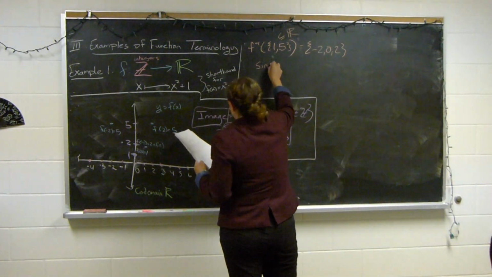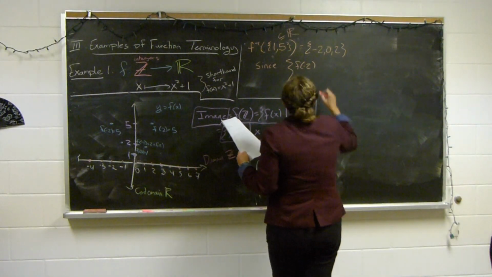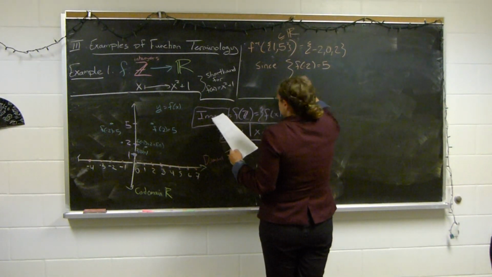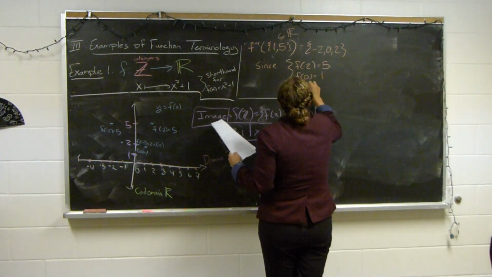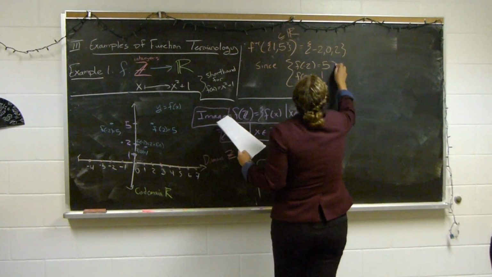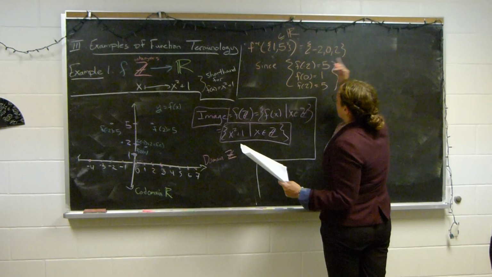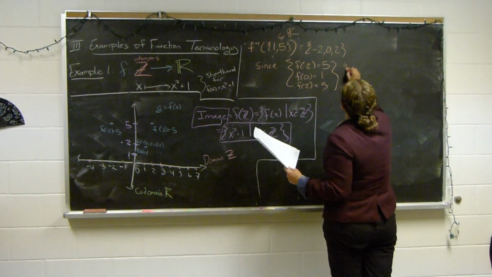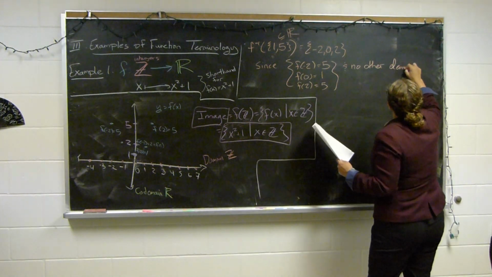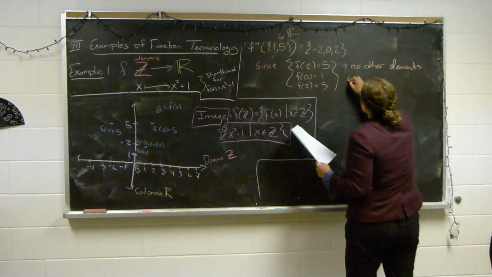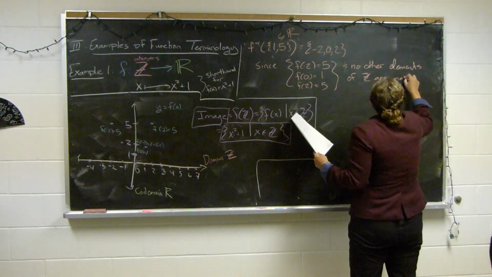This is since f of minus 2 equals 5, f of 0 equals 1, f of 2 equals 5, and no other elements of Z are mapped by f to either 1 or 5, okay?